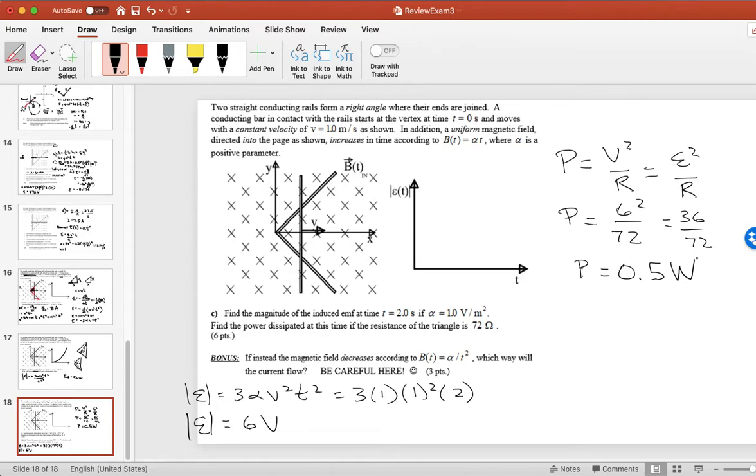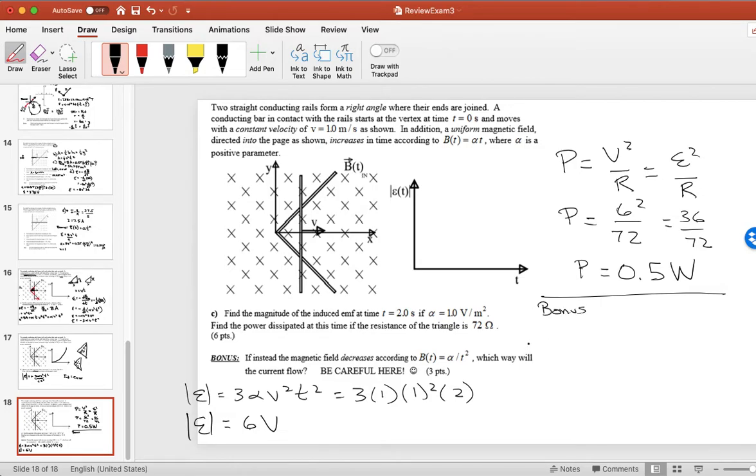And now this last part, the bonus, is asking me, instead of the magnetic field increasing, if instead the magnetic field decreases, and so now my B is alpha over t squared, which way will the current flow? So let's look at this bonus.